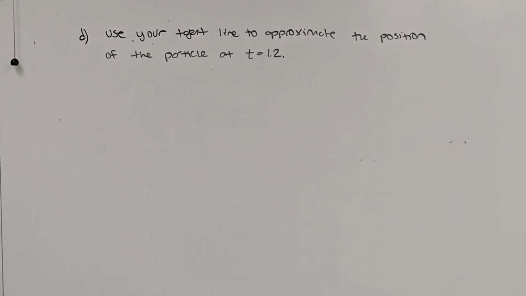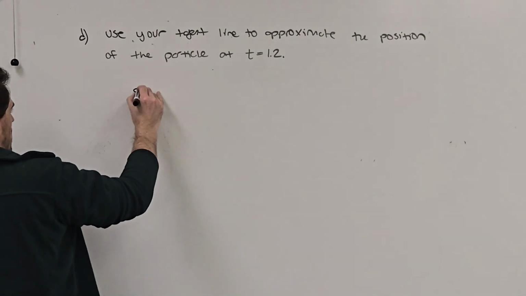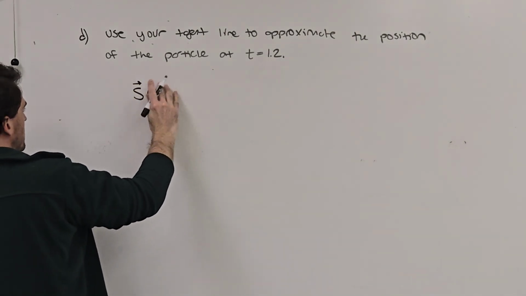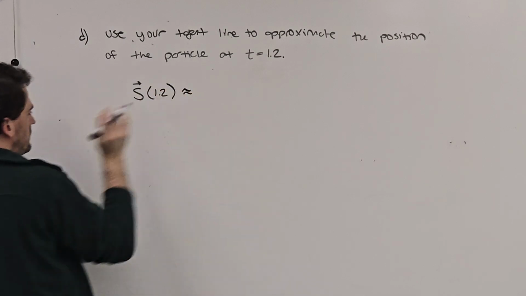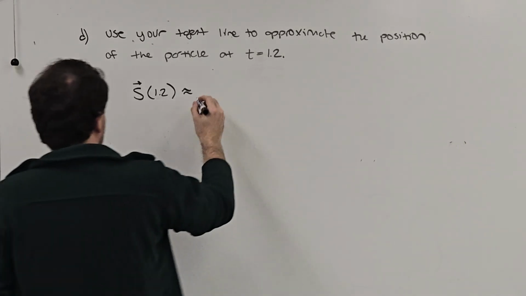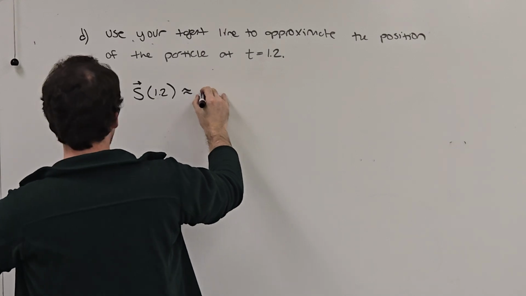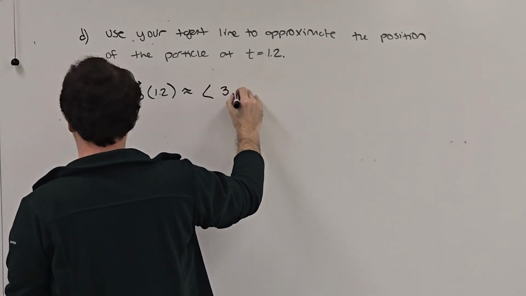So if I want to plug in a point right next door, like t equals 1.2, I'm going to use s for my position. So I'm going to say the position at 1.2 is going to be approximately whatever I get when I plug 1.2 into this vector valued function down there.